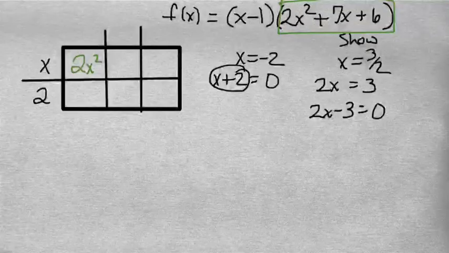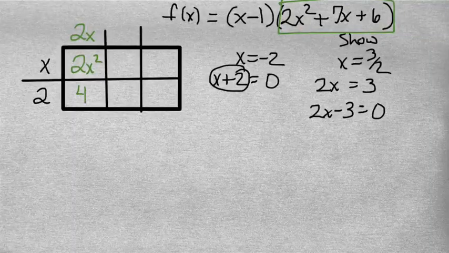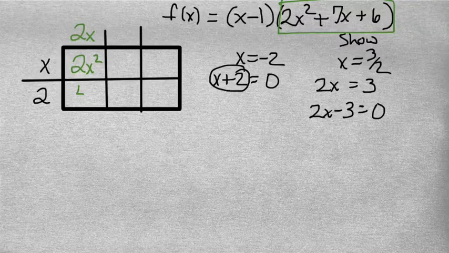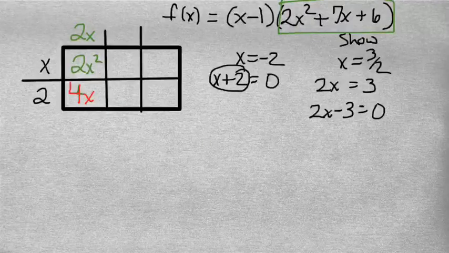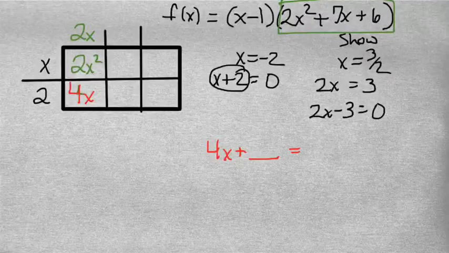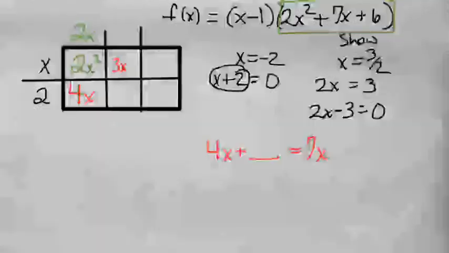And so I'm going to divide, and that gives me 2x. And I multiply, and that gives me 4x. 4x plus something is going to equal 7x. Well, that something is 3x. Divide.